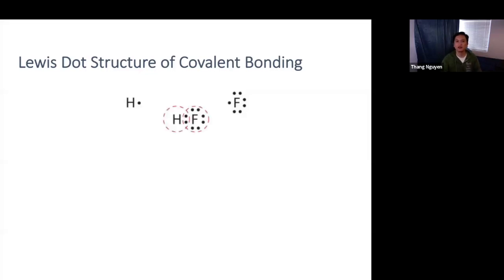So instead, you come together and you share. And so a sharing of 2 electrons will give hydrogen a duet and fluorine an octet. So you represent that with a dash, a line, between hydrogen and fluorine to represent the covalent bond.